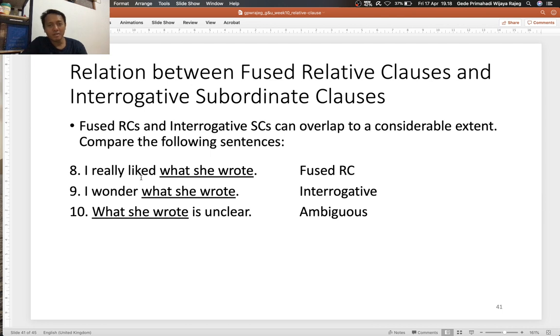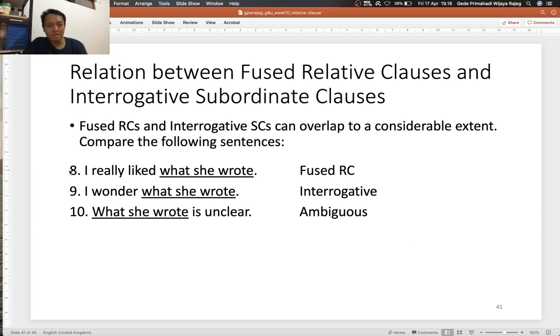So now, what is the difference between fused relative clauses and the interrogative subordinate clauses that we saw last week? Well, they turn out to overlap to some extent.